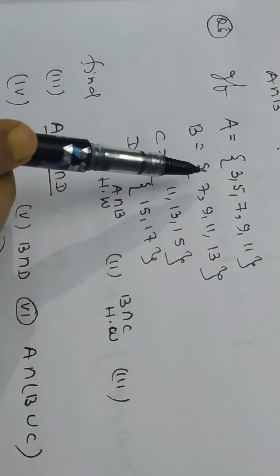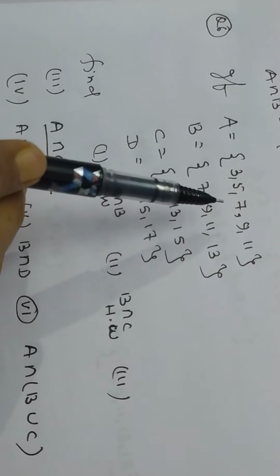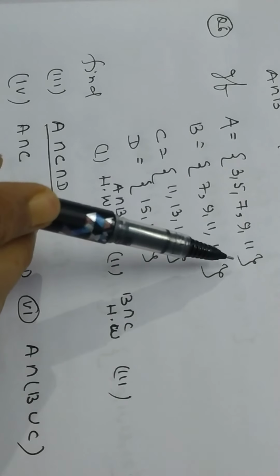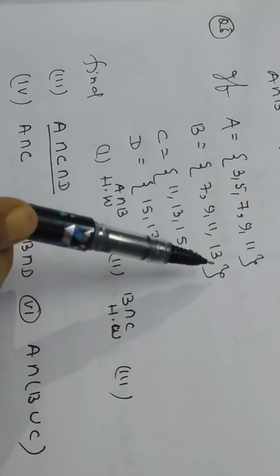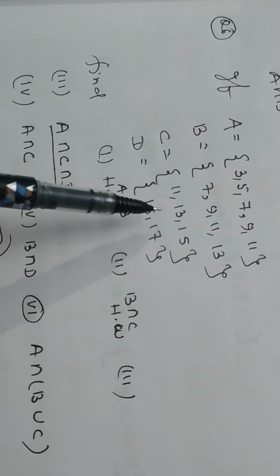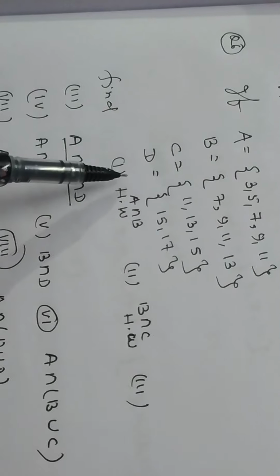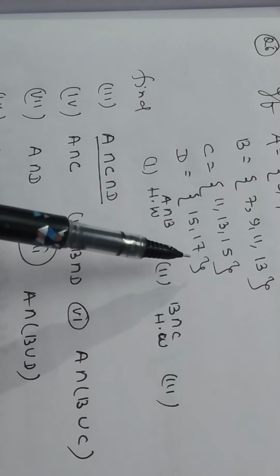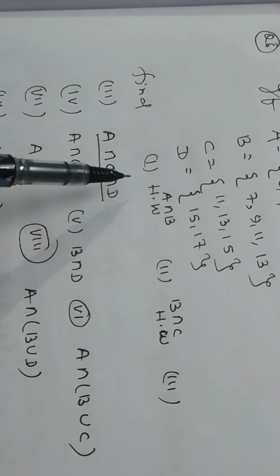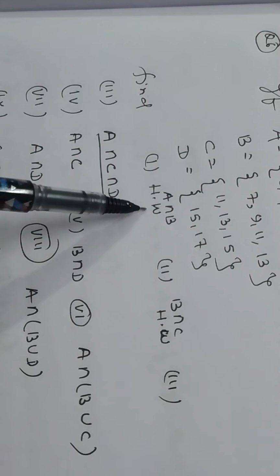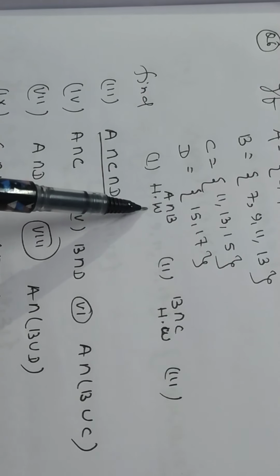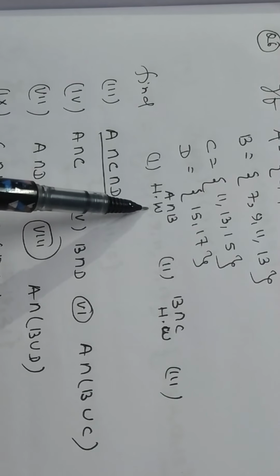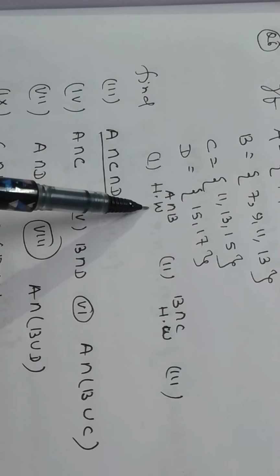Problem number 6: if A is equal to 3, 5, 7, 9, 11, B is equal to 7, 9, 11, 13, C is equal to 11, 13, 15, D is equal to 15, 17, then find A intersection B. You will do this problem as your homework.